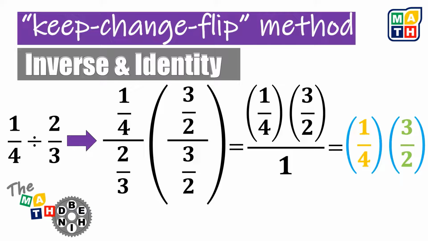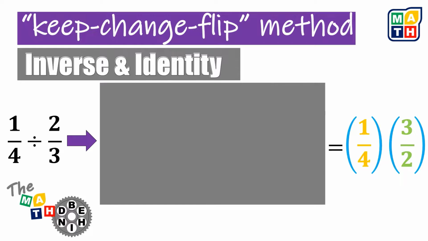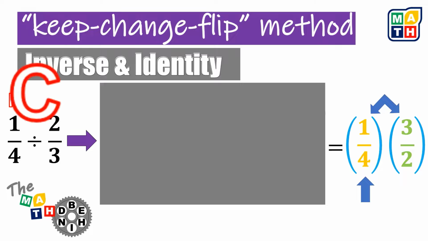Now, if we cover this middle part, we could see that the first fraction in the final form is just the same as the first fraction in the given. In short, we simply kept it that way. Next, we could see the difference in the operations: in the final form it is multiplication, and it looks like we just changed the division into multiplication.